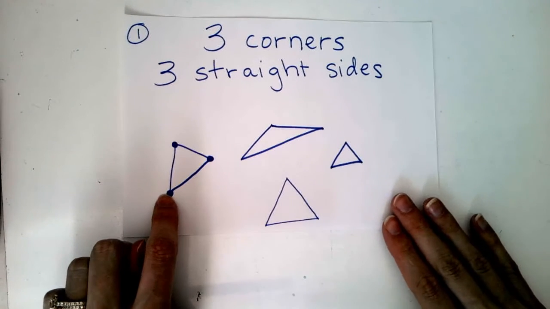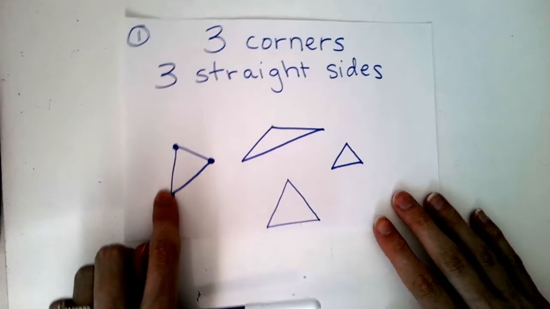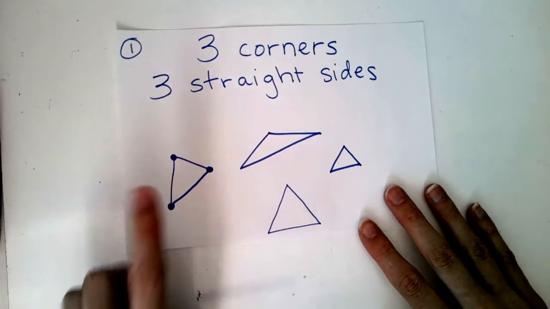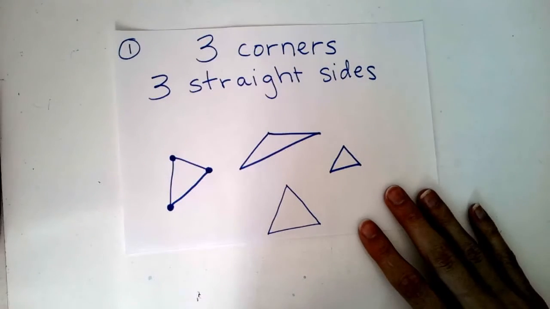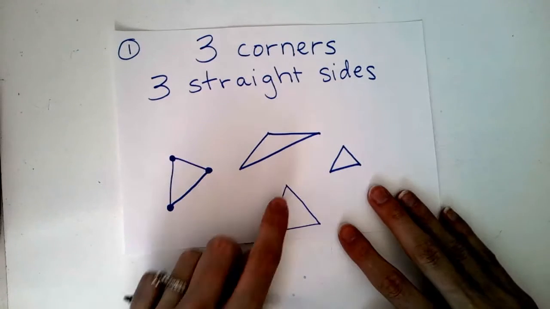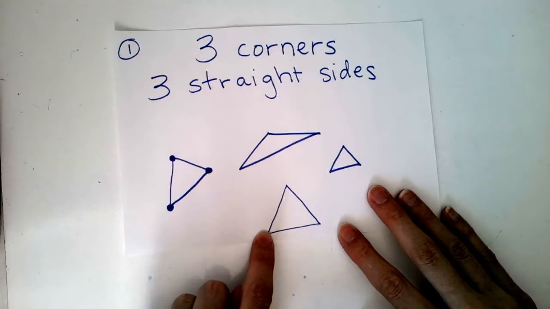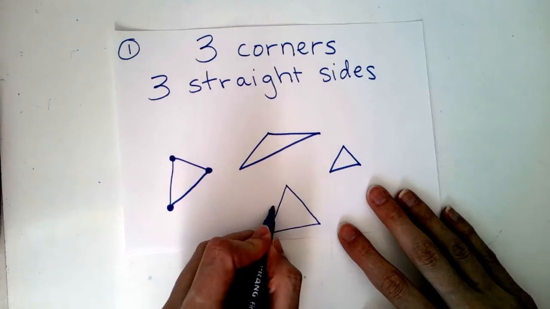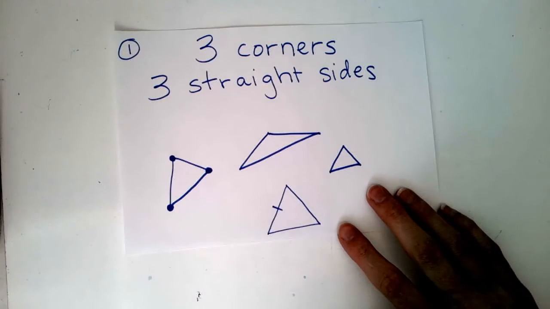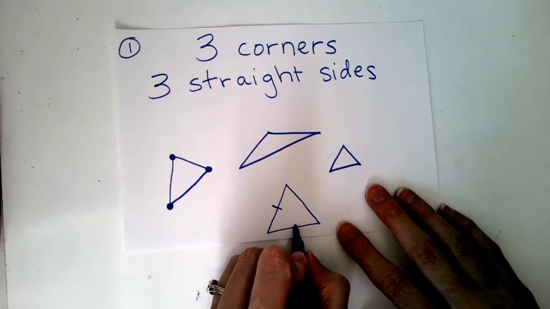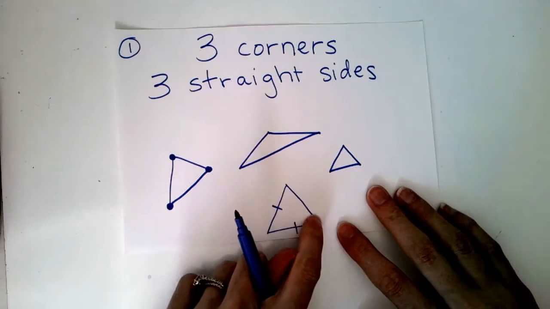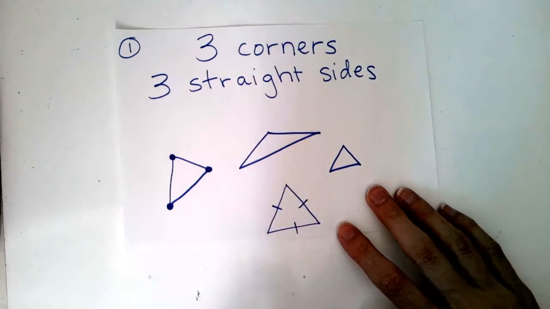Okay? The other thing is if you like looking at each straight side, you can do something called dash them. Okay? If I see a straight side here, okay, I'll put a line through it. There's 1, here's another one, 2, here's another one, 3.